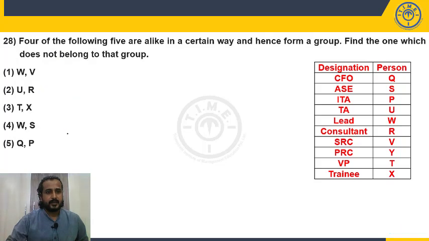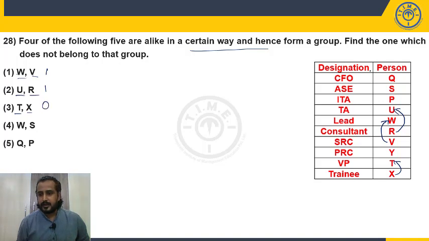Choice 5. 4 of the following 5 are alike; find the odd man out. W V: there is a 1 gap between them. U and R: exactly 1 gap between them. T and X: no person between, but senior. In any case, the first person is senior to the second. Then W S, junior here.